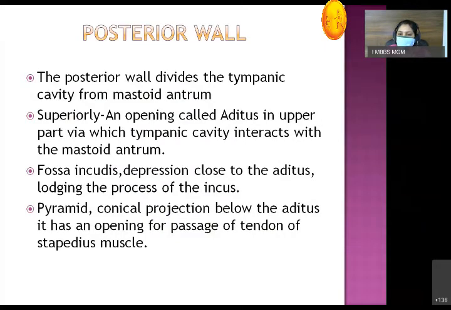Superiorly there is the auditus in the upper part, through which the tympanic cavity communicates with the mastoid antrum. Then there is the fossa incudis, a depression close to the auditus, lodging the short process of the incus. Then there is the pyramid, a conical projection present below the auditus.